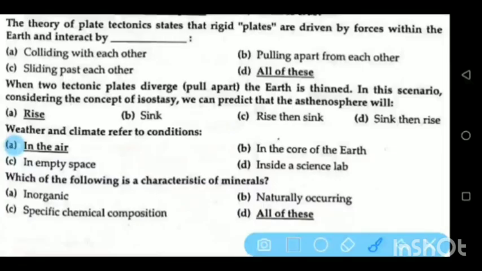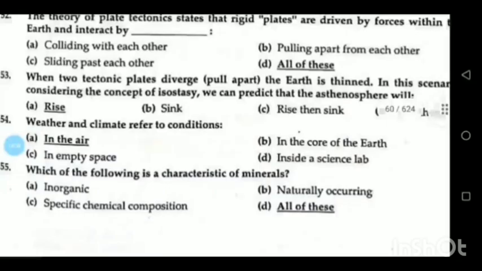In this scenario, considering the concept of isostasy, we can predict that the asthenosphere will rise.